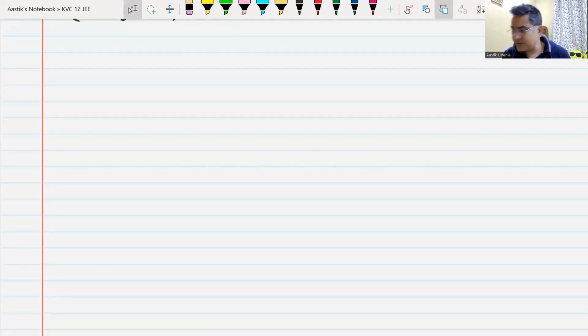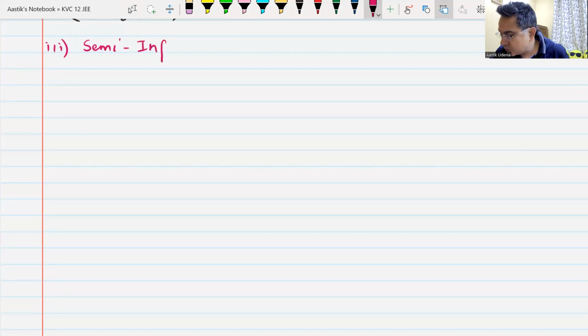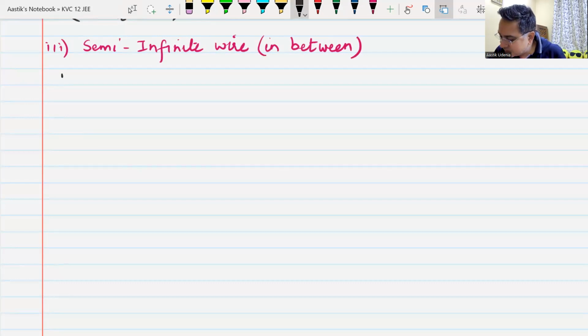I'm trying to restrict myself to only those cases which I have seen come a lot of times. Again, I have a semi-infinite wire, but the point is not at the end. The point is somewhere in between. So basically, I have a semi-infinite wire, but the point P is here.